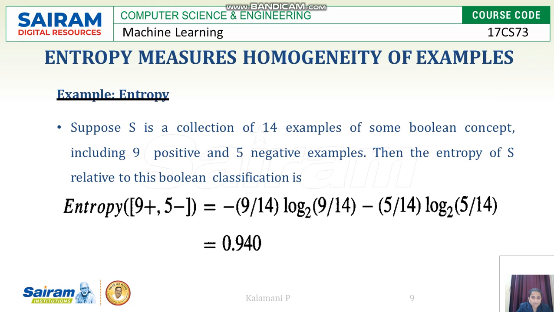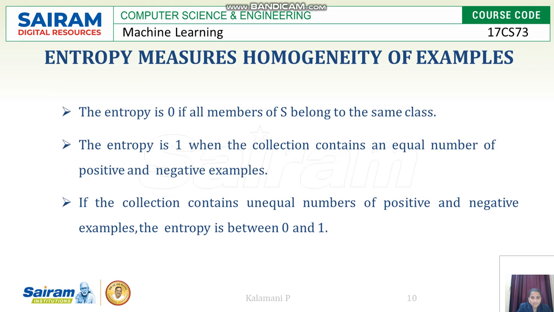So entropy of [9+, 5-] is equal to minus 9 by 14 log 2 9 by 14 minus 5 by 14 log 2 5 by 14. We get the value 0.940. This is the general entropy of S.